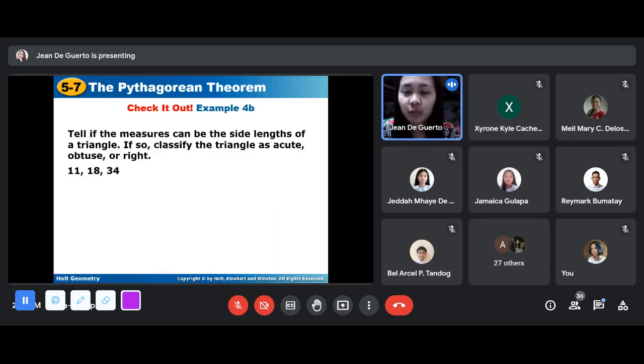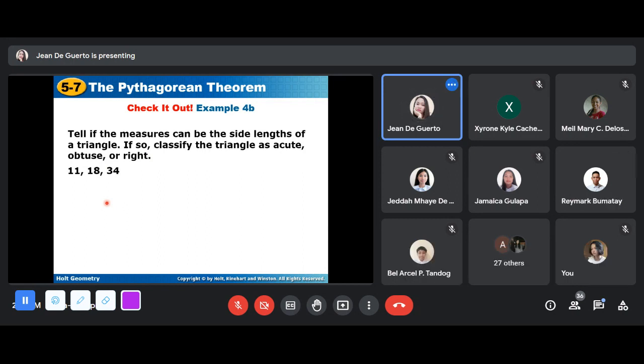Okay, let us have this one. Basta ang first step ninyo, tignan nyo muna kung pwede siyang side ng triangle. So, eto ba? Possible sides of triangle?